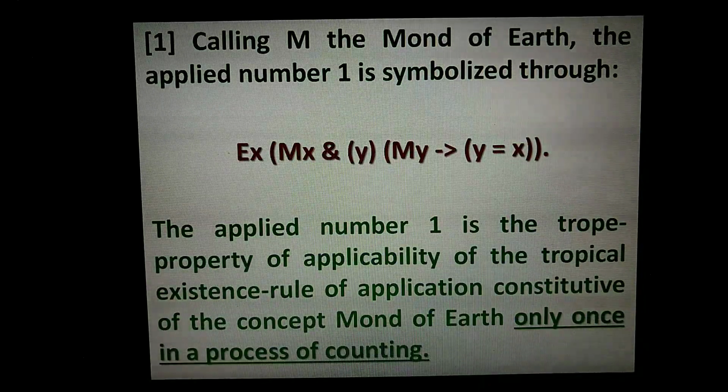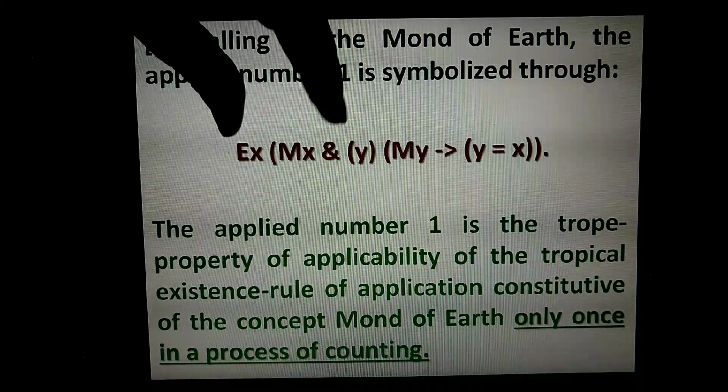1. Calling M the moon of Earth, the applied number 1 is symbolized through: there is an x, so that Mx, and for all epsilon, M epsilon implies that epsilon is the same as x.